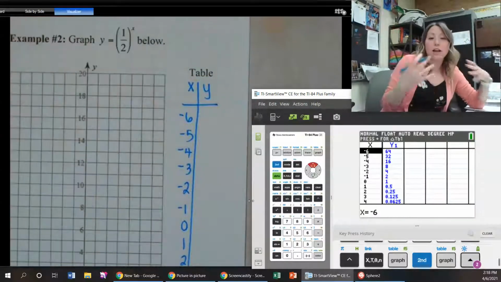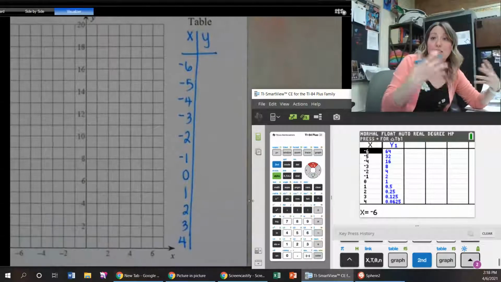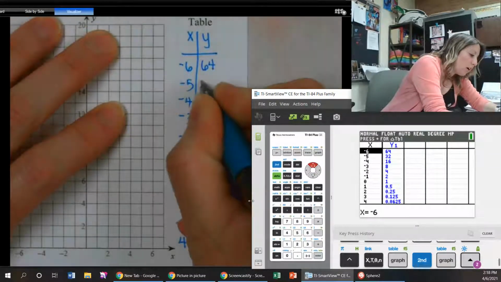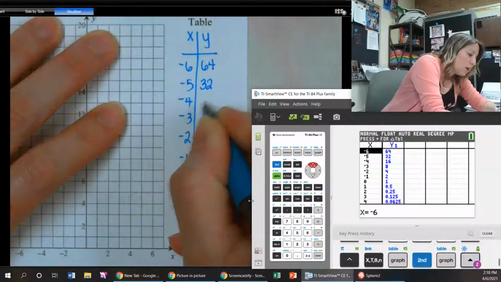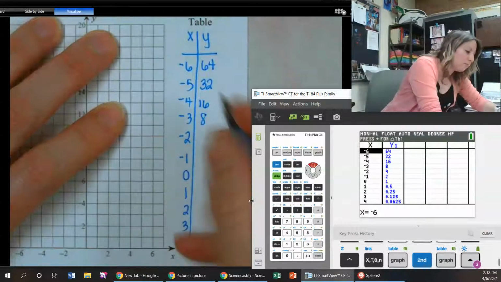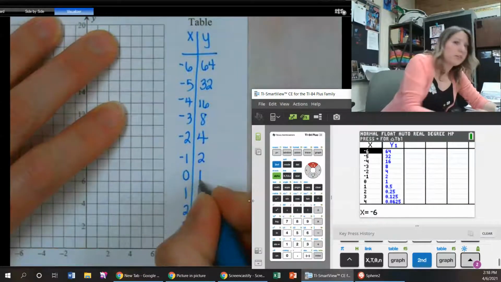And again, not all of these points fit, but this is what I'm copying down so we can see that movement, that change. So it starts at -6, 64, -5, 32, -4, 16, -3, 8, -2, 4, -1, 2, 0, 1 is the same.